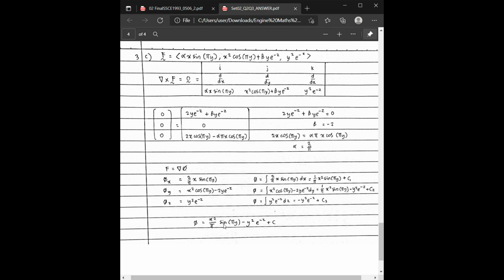Then we take our value of alpha and beta and substitute into our equation here. So then we get our potential function.